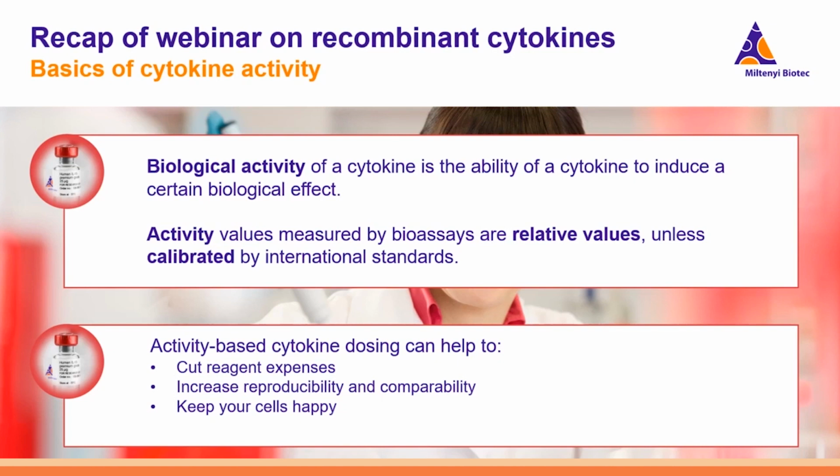You will be able to increase reproducibility and comparability in your assays because you will be able to add just the right amount of cytokine. This will also keep your cells happy, because if you overdose or have continuously varying cytokine concentrations, this will obviously not be a good thing for your processes or experiments.